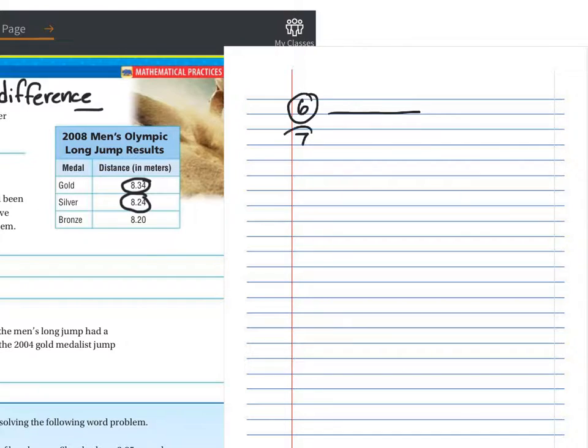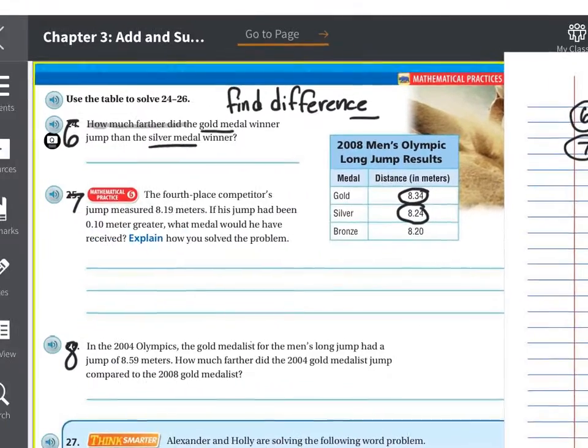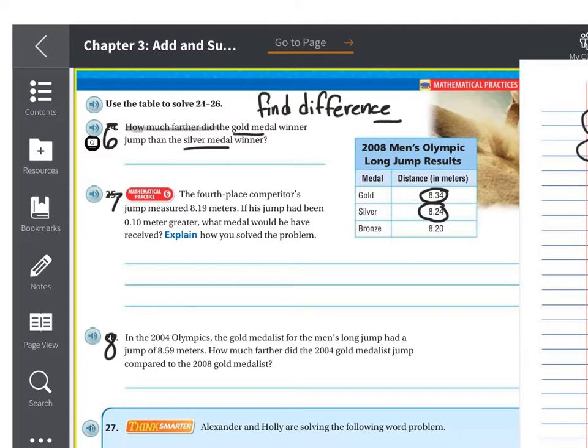number 6 would be your answer for number 6, okay? Number 7, the 4th place competitor's jump measured 8.19 meters. If his jump had been 0.10 meter greater, what medal would he have received? So 4th place is right here, right?